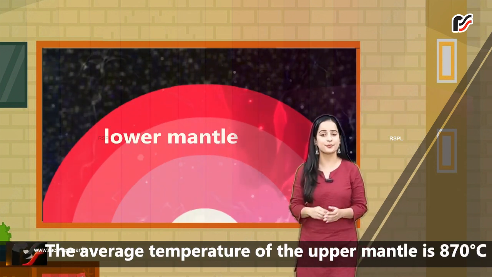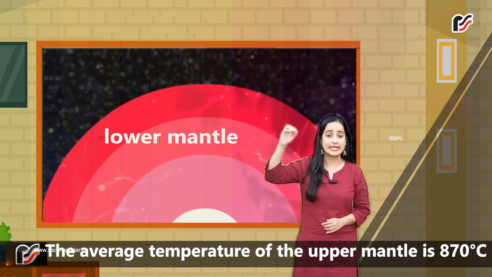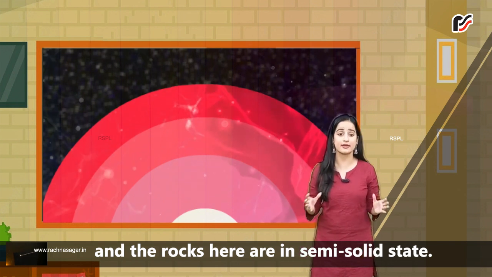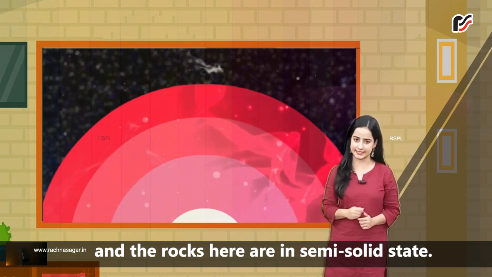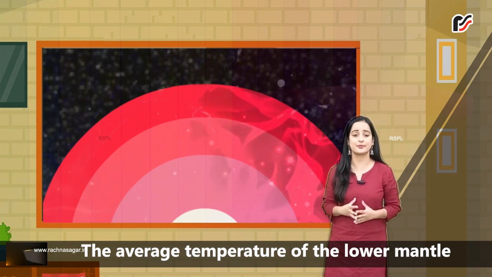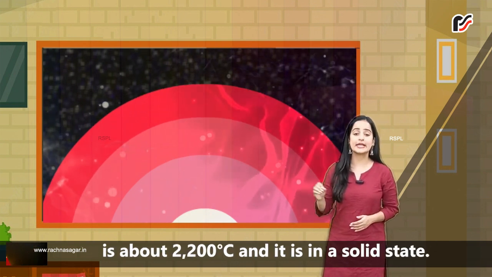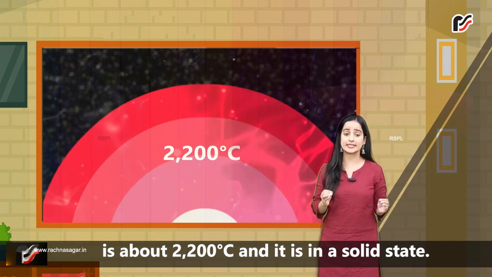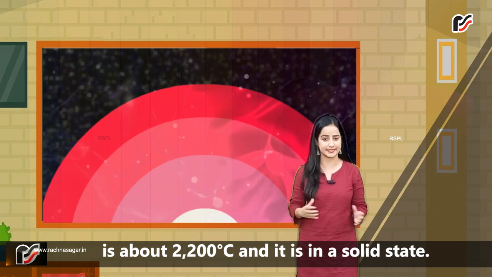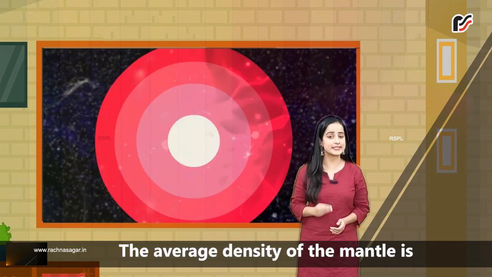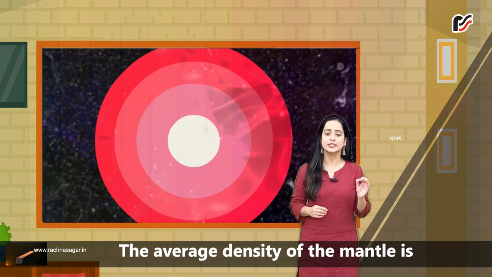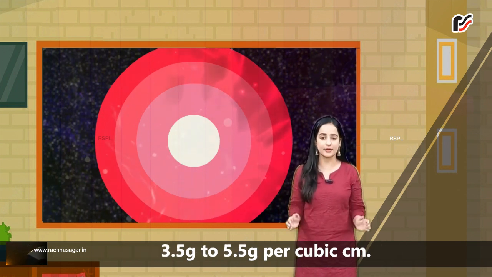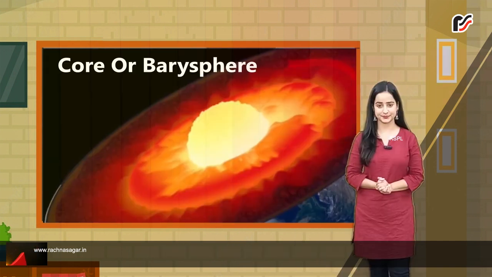The average temperature of the upper mantle is 870 degrees Celsius and the rocks here are in semi-solid state. The average temperature of the lower mantle is about 2200 degrees Celsius and it is in a solid state. The average density of the mantle is 3.5 to 5.5 grams per cubic centimeter.